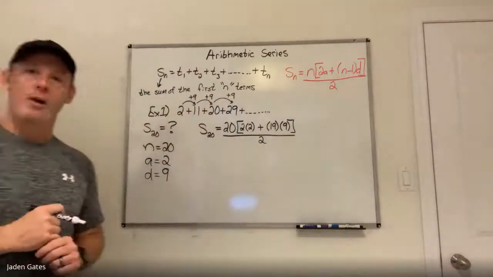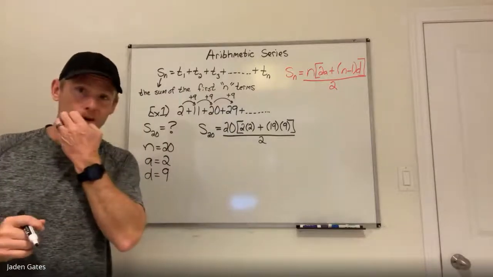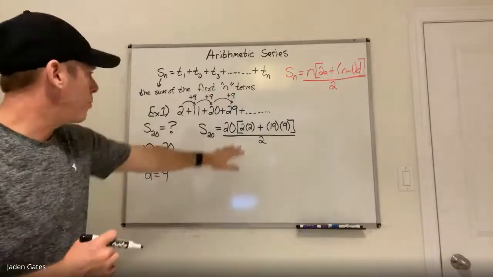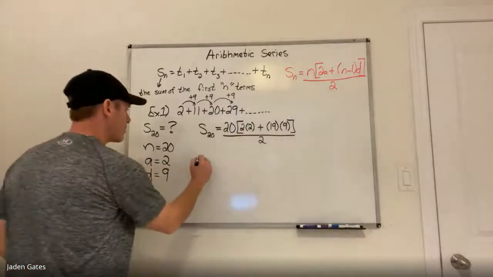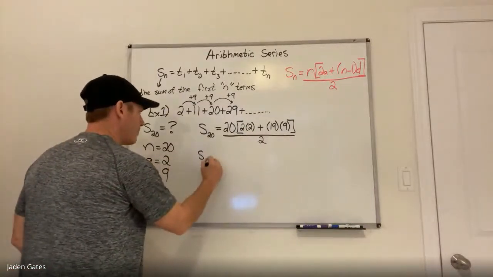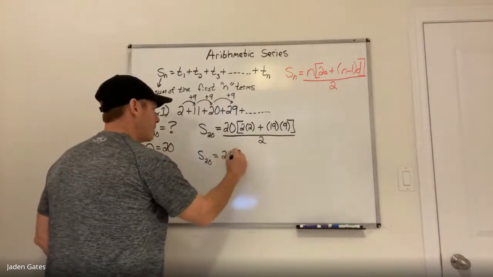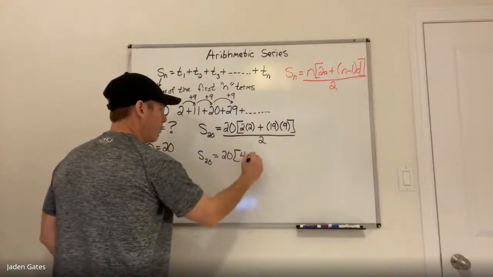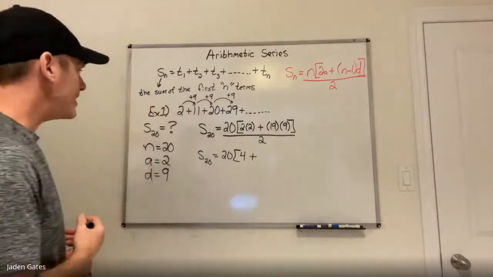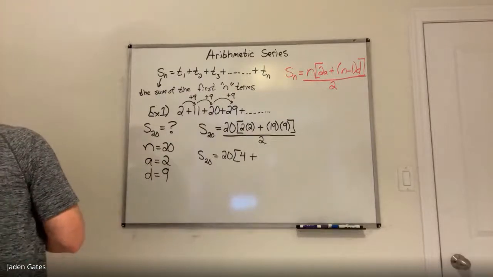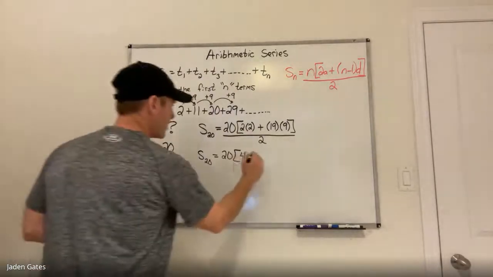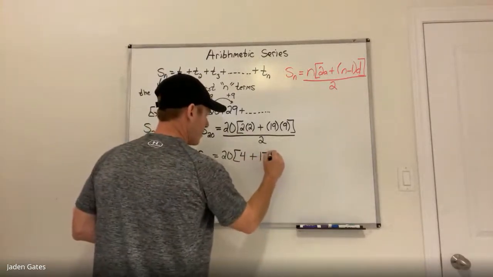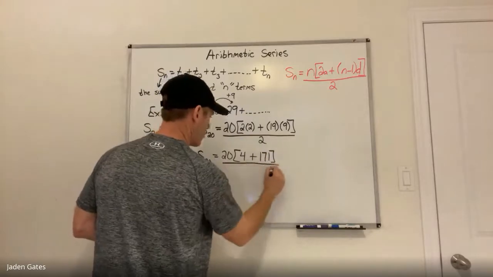All right, now that I've substituted in, that's the hard part. I'm just looking at doing BEDMAS at this point. So inside the brackets, I have S of 20 is equal to 20 times, let's see here, 2 times 2, that's 4, plus 19 times 9. That's a weird one. 19 times 9 is 171. And of course, divide by 2.